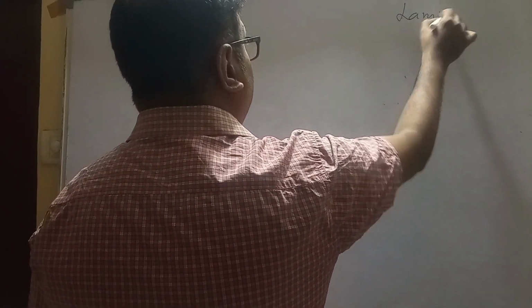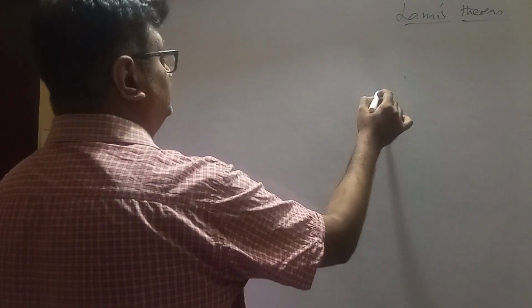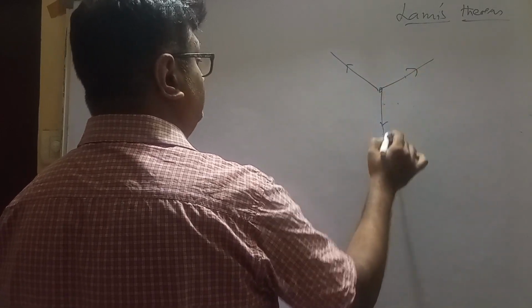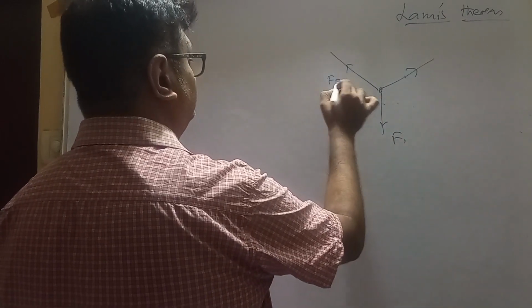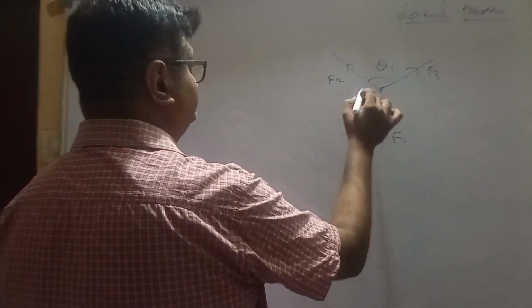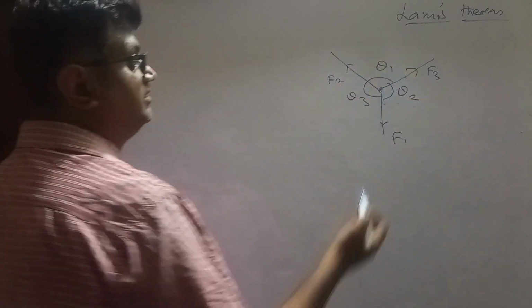Now let us next discuss Lami's theorem. What is Lami's theorem? Suppose three concurrent forces are kept in equilibrium, and these are the angles; the total angle will be 360.